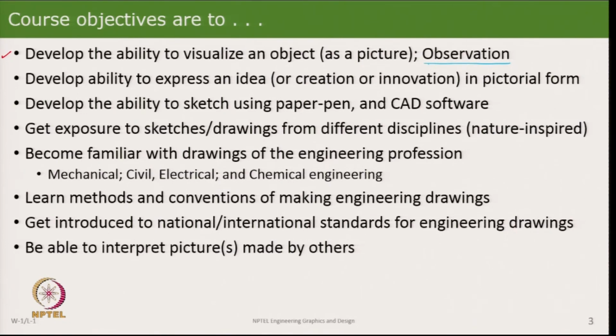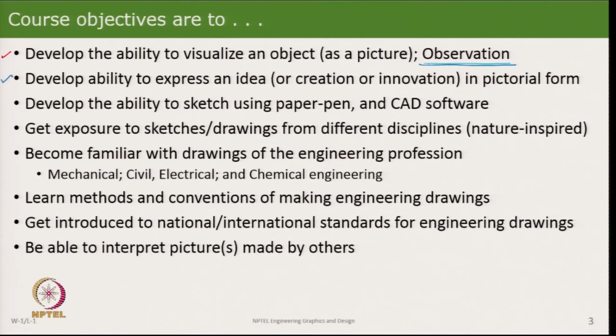It could be nature, it could be an engineering object, it could be anything. But the idea of observation here is that we see things around us, we think about it, and one of the things we can do with it is make a sketch.